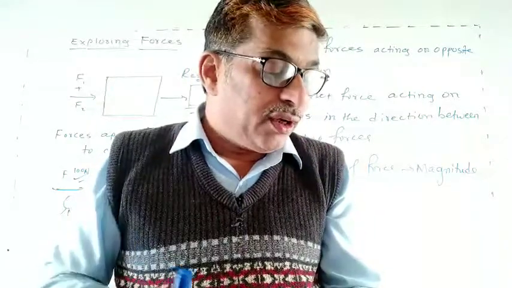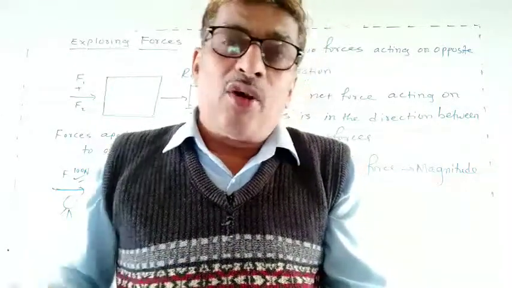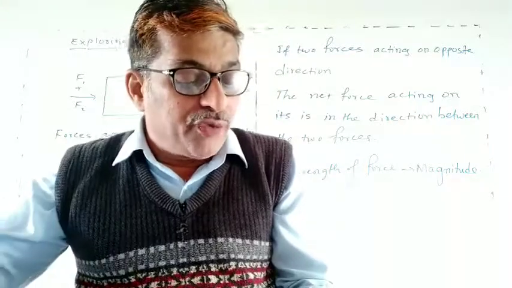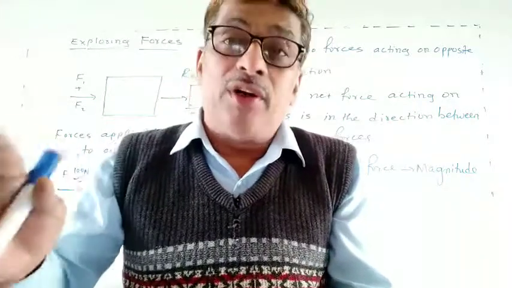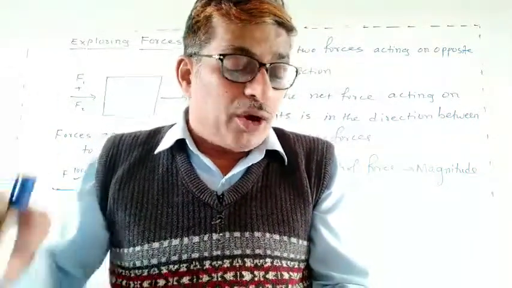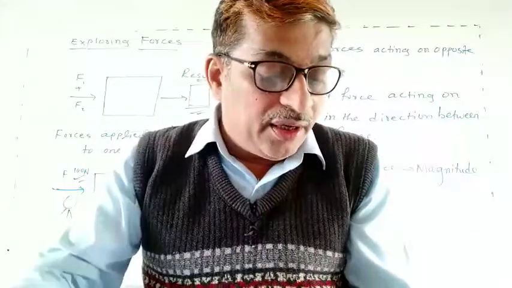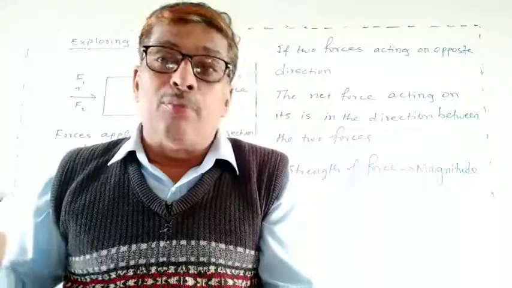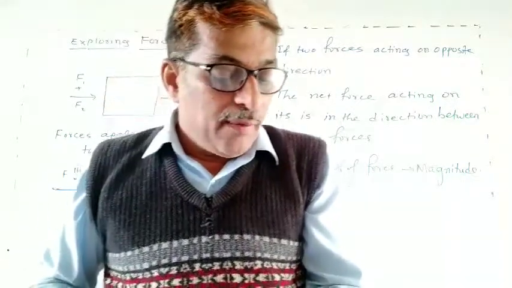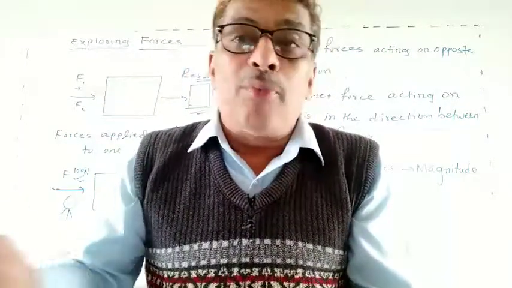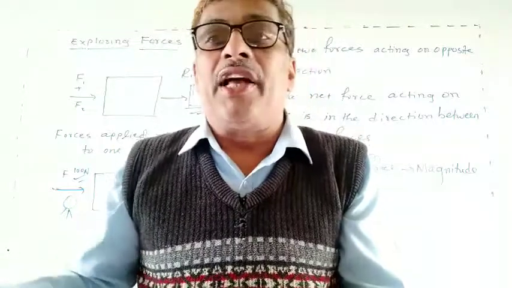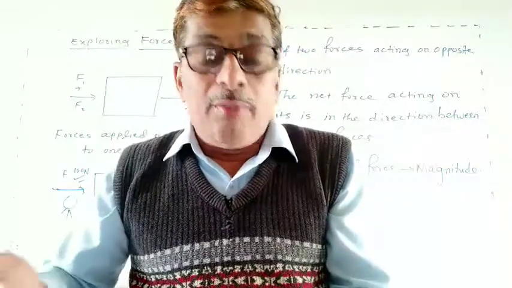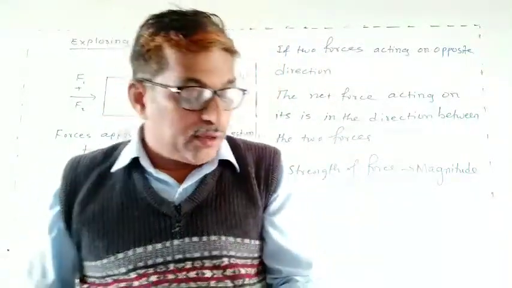So this is one observation. Another observation: to observe the effect of an applied force on the direction of a moving object, take a ball, push it gently, and place a ruler in front of the moving ball. Observe that the moving ball changes its direction on coming in contact with the ruler.